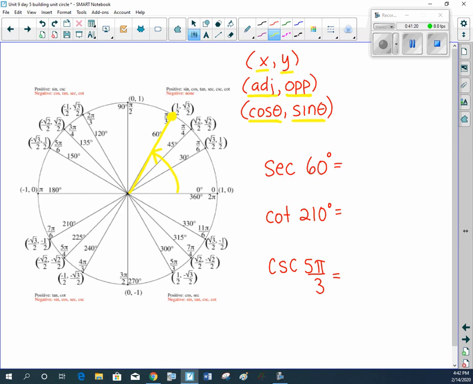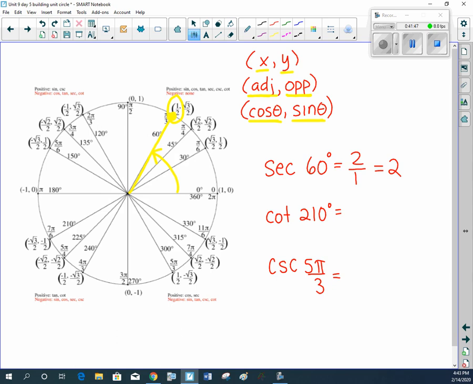It's a cosine and a sine, or an adjacent over an opposite. So I know that secant is the reciprocal of cosine. In this ordered pair, cosine is a half. So what is the reciprocal of a half? It's 2 over 1. So what's my answer? 2. So secant of 60 degrees is 2.